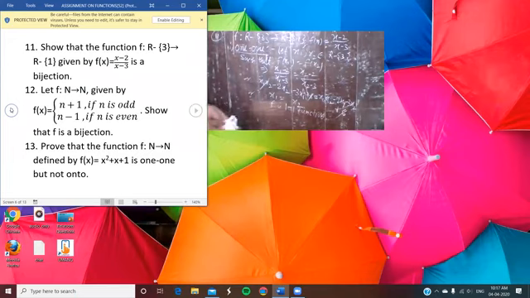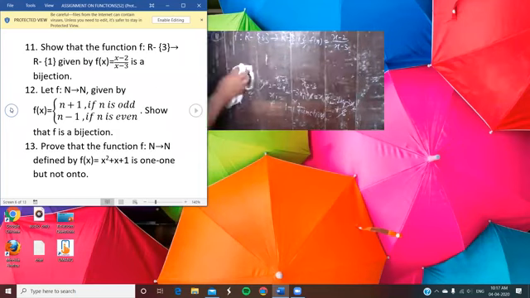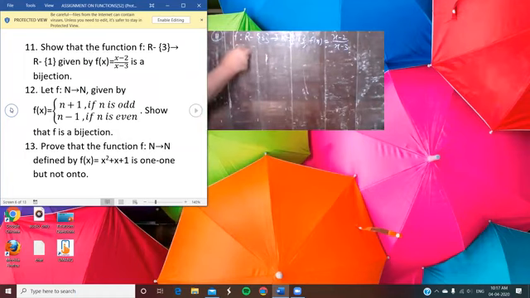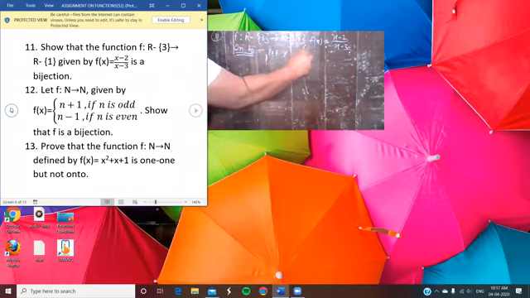Now, onto function. For onto function, you are trying to find the range of the function. If the range of the function becomes the codomain, you can say that it is onto. In case of onto function, you assume let y is equal to (x minus 2) upon (x minus 3). Now try to find the value of x in terms of y.